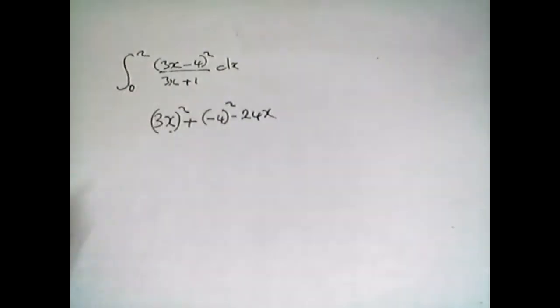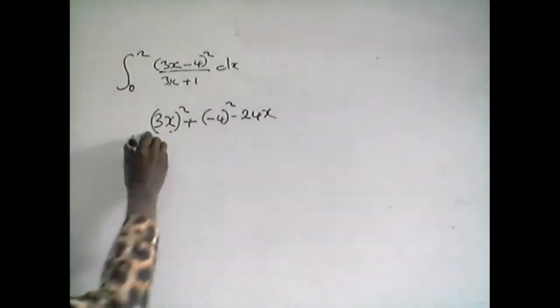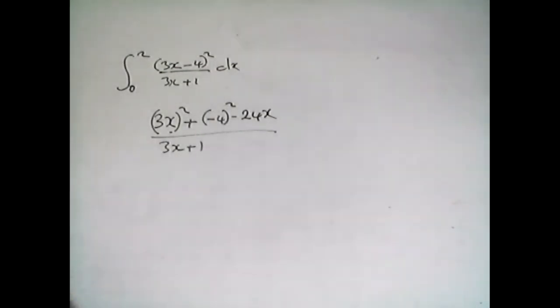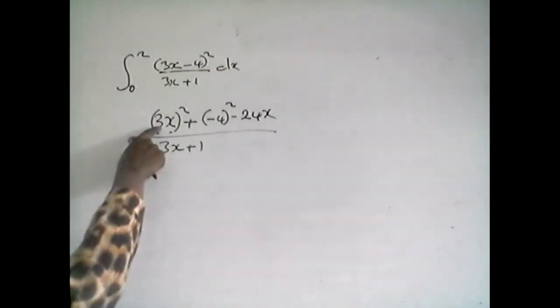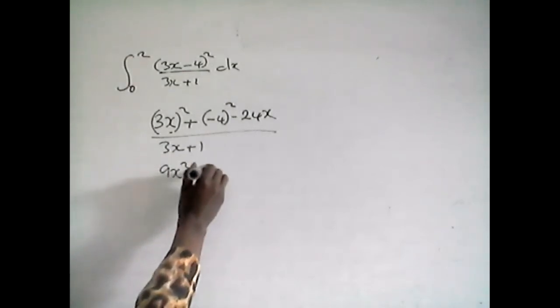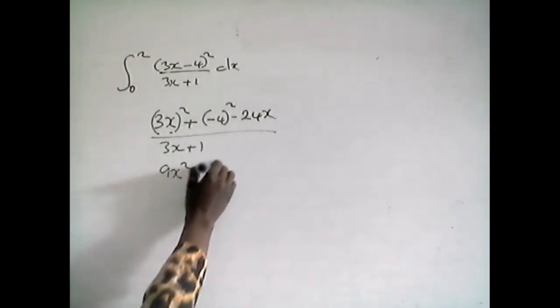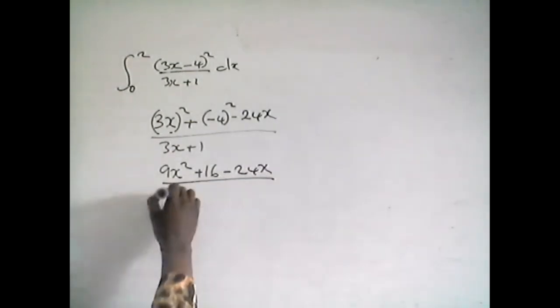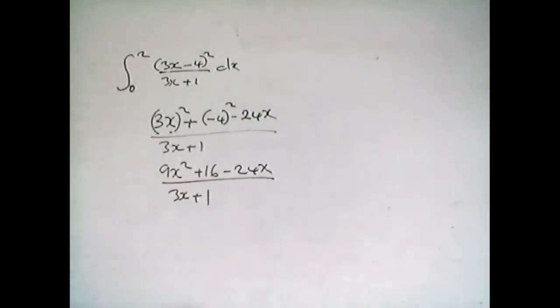So we have expanded the top part. This would be over 3x plus 1. And this will give us 9x squared plus 16 minus 24x over 3x plus 1.